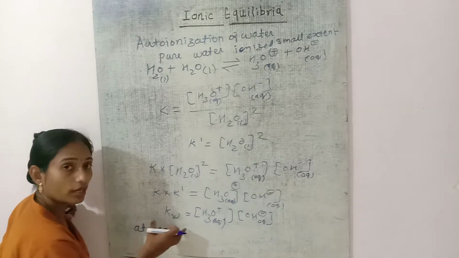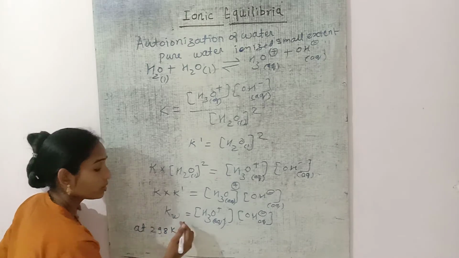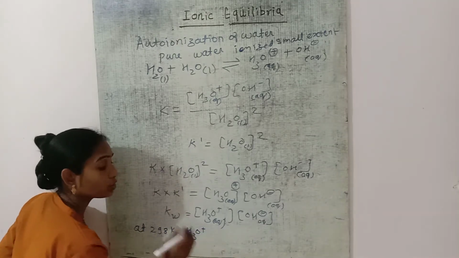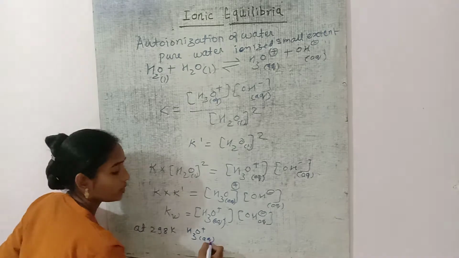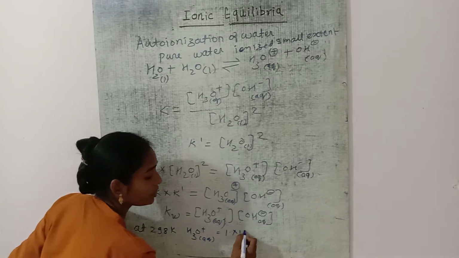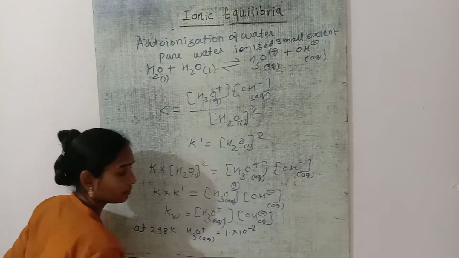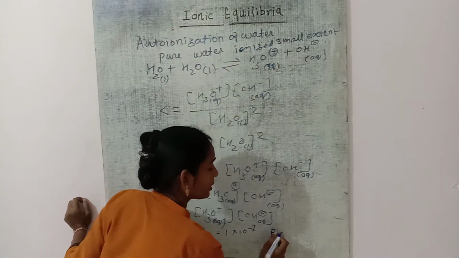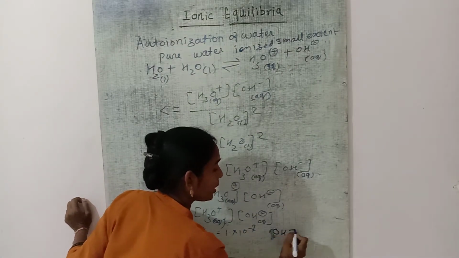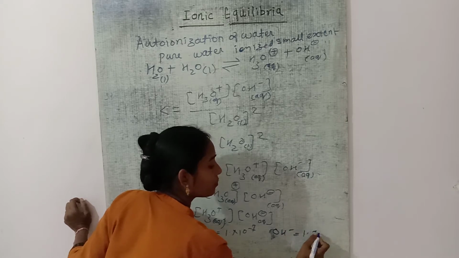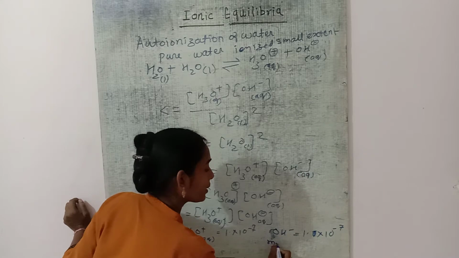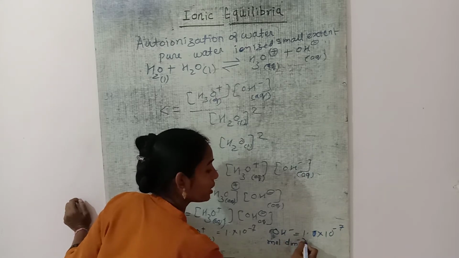For the ionic product, the value of H3O+ ions is 1.0 into 10 raised to power minus 7, and the value of OH- ions is 1.0 into 10 raised to power minus 7 mole per dm cube in the solution.